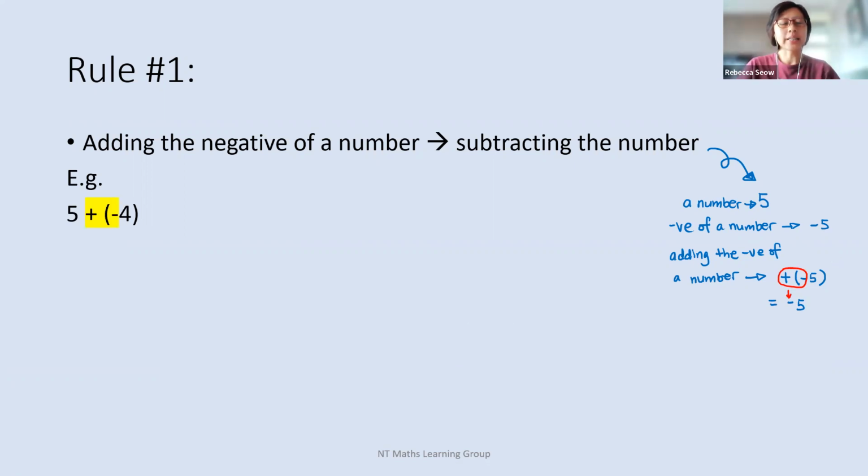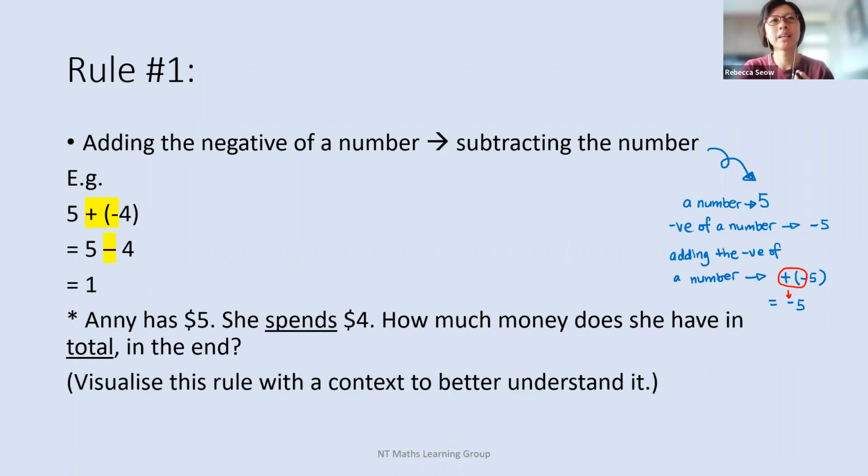So let's take a look at another example. 5. If we add negative 4 to it, this means that it is 5 take away 4. We subtract 4. So that gives us 1. Let's give an example to it as well. Annie has $5. This $5 refers to the 5 in the expression on top.